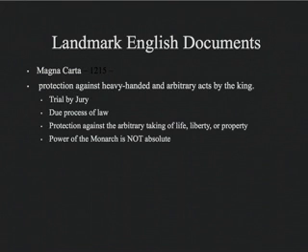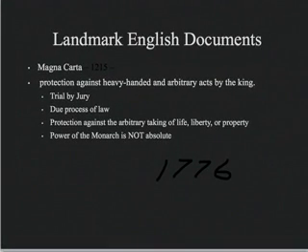America does not become colonized and does not declare its independence until 1776. And so if America claims its independence in 1776, but the Magna Carta was written in 1215, we've got 500 years of trial by jury, due process, and no absolute power of the monarch. Think about the arbitrary taking of life, liberty, and property 500 years prior to 1776.